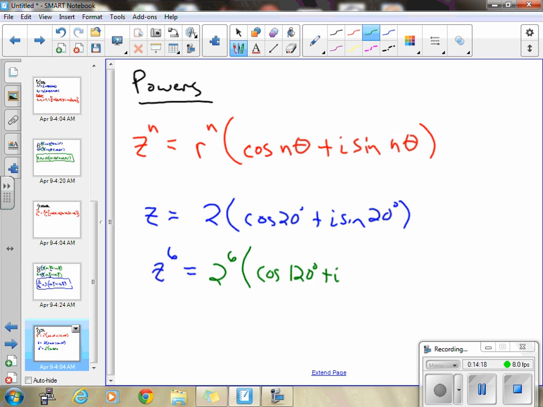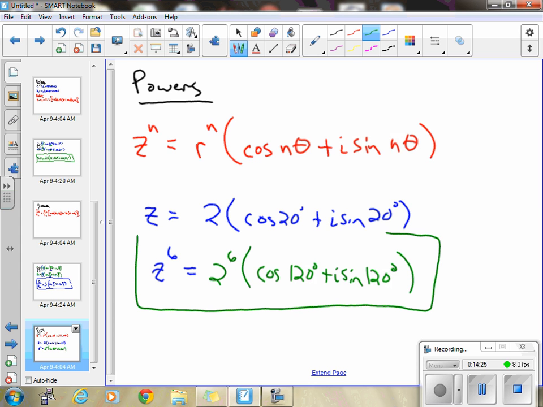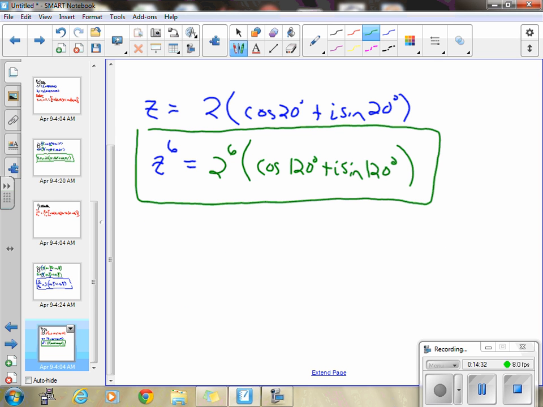Well, 6 times 20 is going to give me 120 degrees. And I could leave it like that if it's instructing me to leave it in polar form. We should probably at least call this 2 to the 6th power, which is 64 right there. But if it requires rectangular form, you would figure out what the cosine of 120 and the sine of 120 are, and you would go ahead and write that as rectangular form. Otherwise, you would leave it like this.